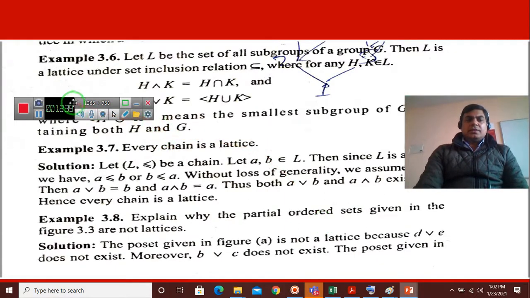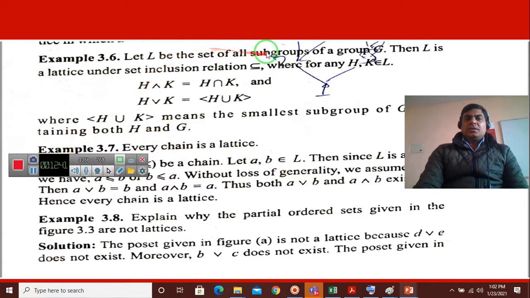Just like that, let L be the set of subgroups of G; then it is a lattice under the set inclusion relation.